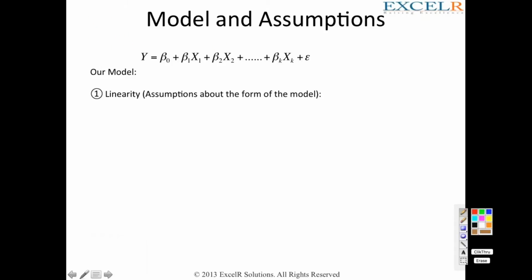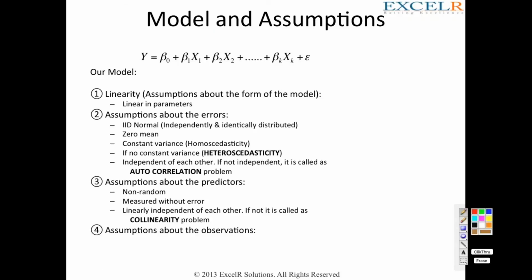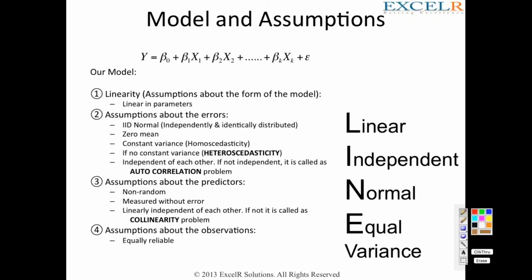Okay. So LINE is the assumption. Whenever you build a model, it is not something that you have built a model, job done, wash your hands, go home. Even before you run that model, even before you finalize the model, you need to ensure that the model assumptions are satisfied. And LINE is a model assumption.